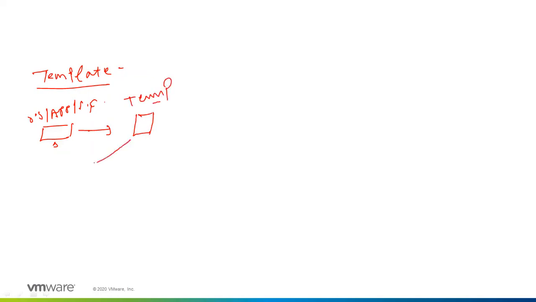Then whenever I require, I can deploy a number of VMs from this template. And whenever I need to update this template, for example after 3 months some set of patches is introduced for the Windows operating system, you convert it back to a VM, update that, and revert it back as a template.